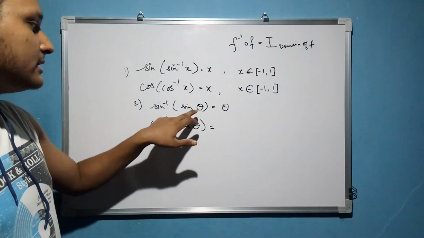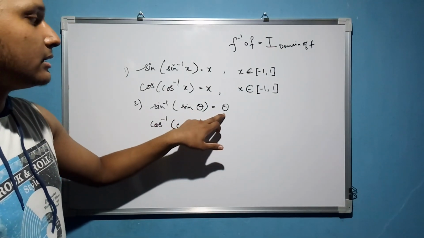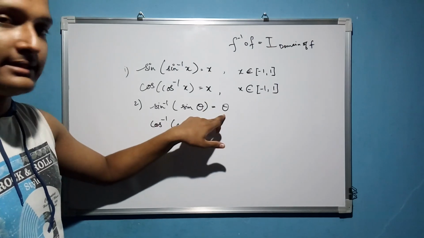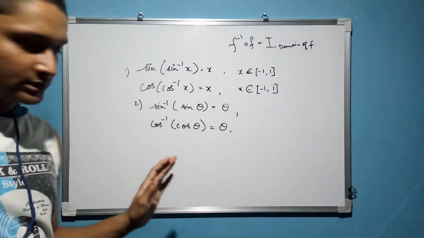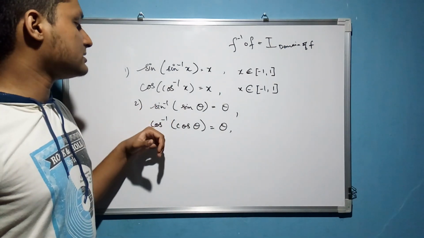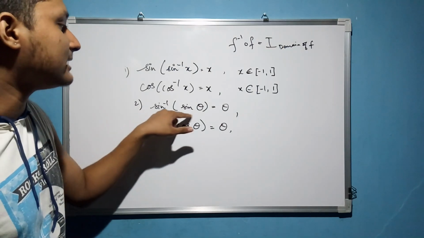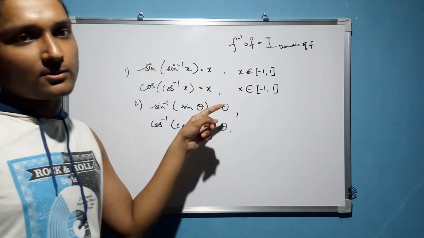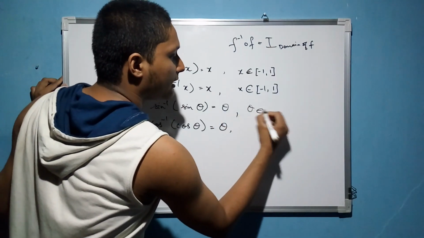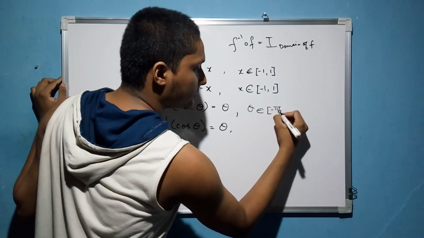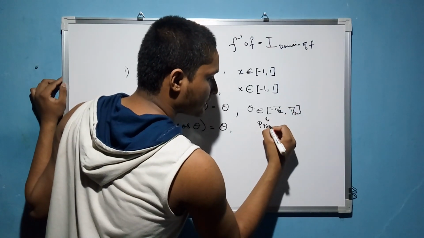So what can I consider to be the domain of these functions? For sine inverse and cos inverse to exist properly, I need to check that the angle lies in the first or the fourth quadrant. For that, theta should belong to minus pi by 2 to pi by 2. That is the principal value branch.